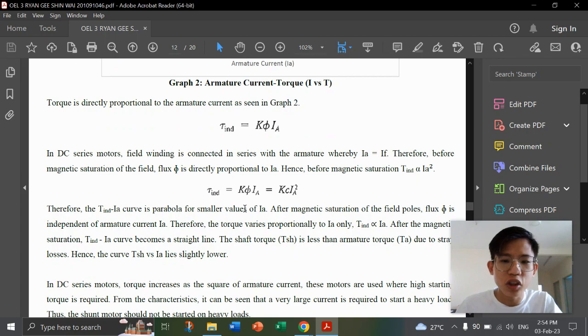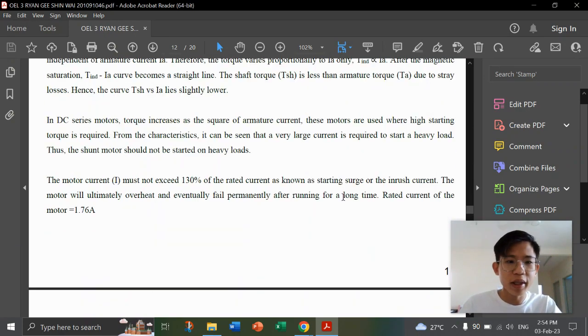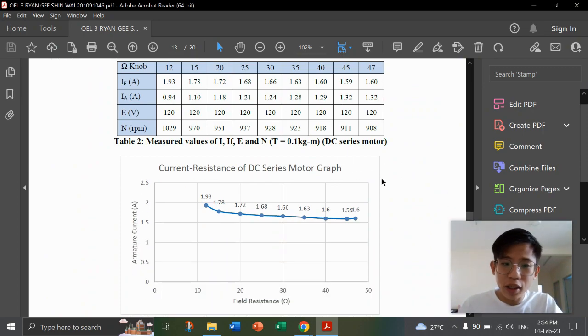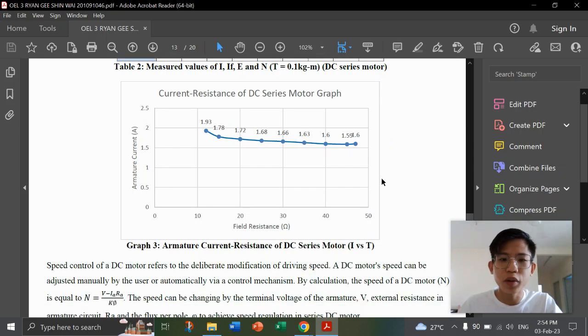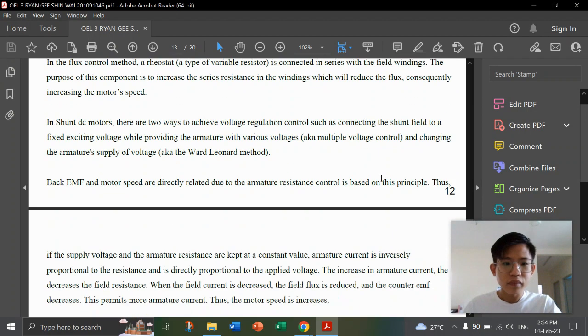We then derive the formula, where IA is squared, meaning the current is squared. Next, we talk about the speed control, the field resistance and the armature current, which are inversely proportional as well. As your field resistance increases, your armature current decreases.